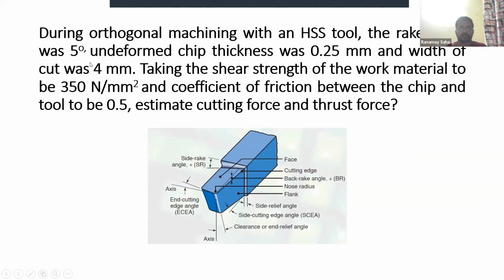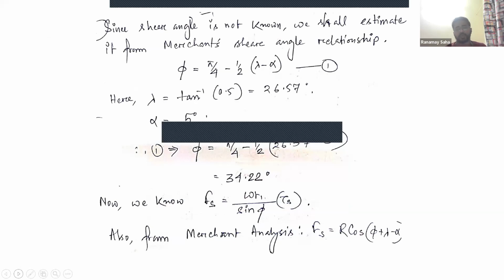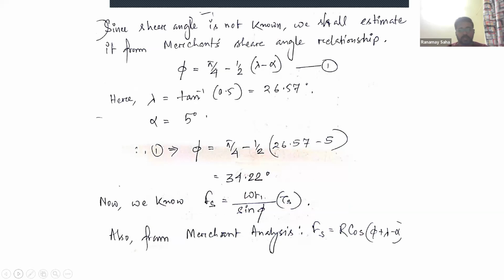Only the rake angle is given, so we find the shear angle and put it in the equations we derive out of the Merchant circle analysis to get the cutting and thrust forces. So from the angle relationship, 2 phi plus beta minus alpha equals pi by 2, or in other words, you can find phi as pi by 4 minus half of lambda minus alpha, right?